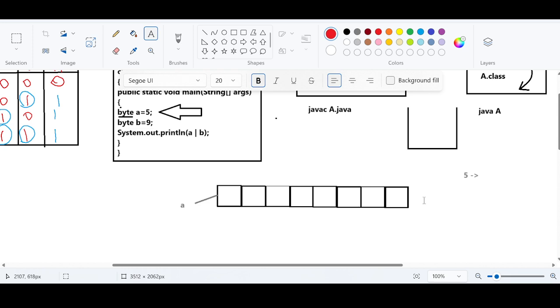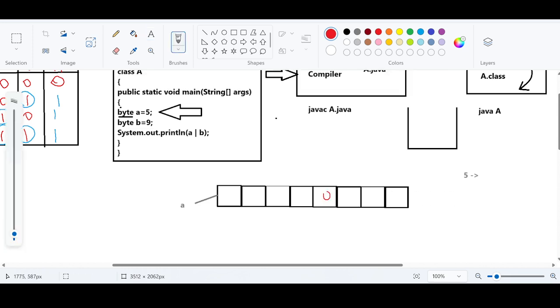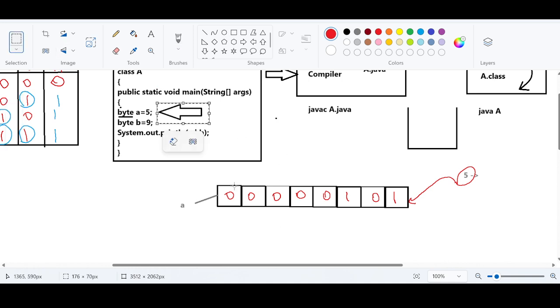What is happening behind the scenes? This is how I can represent it; 5 can be represented like this. Yes or no? Because of this line, this has happened behind the memory, and the next line is what?